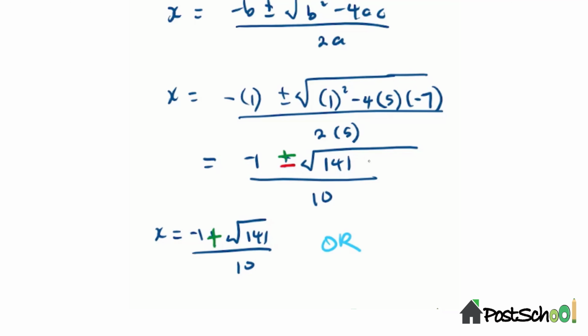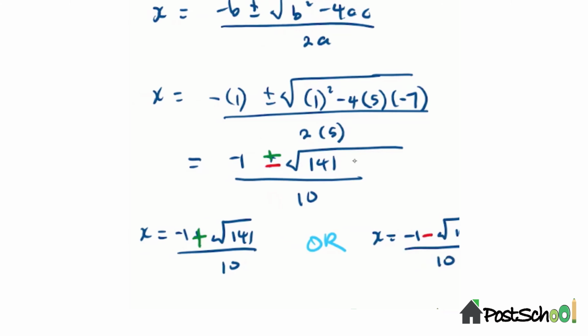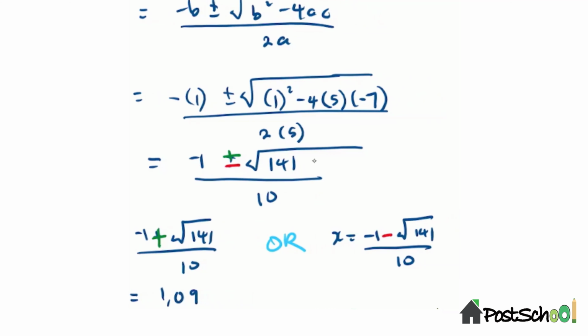You do this on your calculator: negative 1 plus the square root of 141 over 10. If you correct that to two decimal places, you must find 1.09, and when you do the other one, you're going to get x equals negative 1.29.